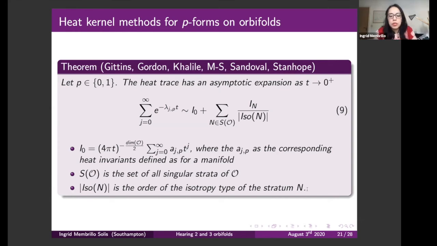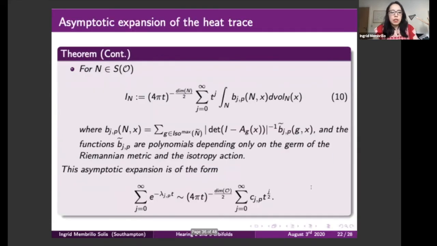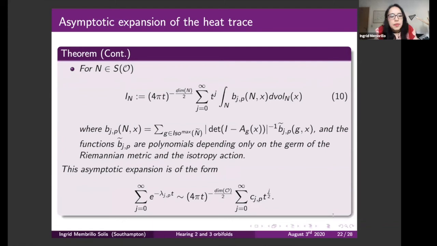All right, so just remember that for the points in the stratum we define an equivalence relation, and all the elements in the same stratum have the same isotropy type. Okay, now this statement continues. So we have here I n defined in this way. So I n means the contribution of the singular strata is given here.